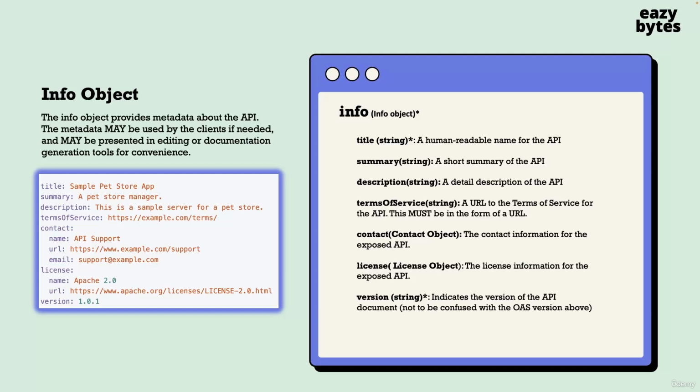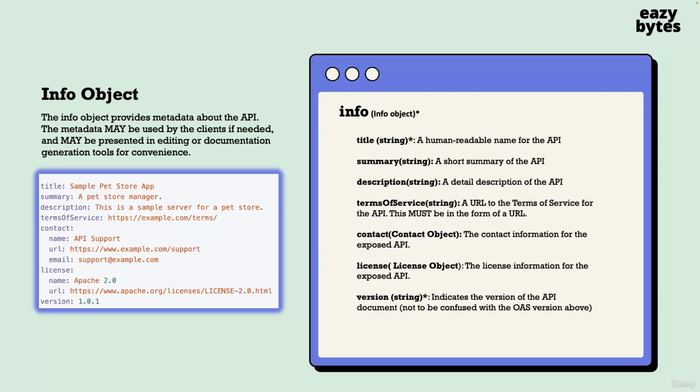And at last, we have a mandatory field which is version, and using version we can indicate the current version of the APIs that this OpenAPI specification is representing. I can write multiple OpenAPI specification documents, for the first version, second version, third version.